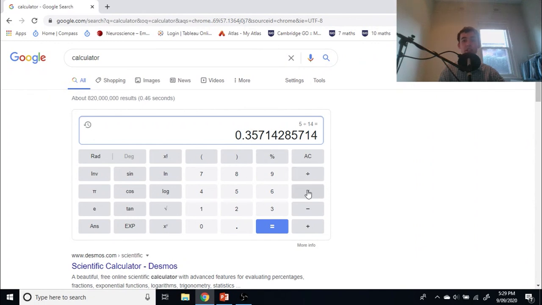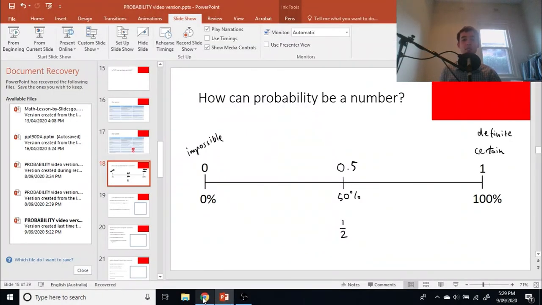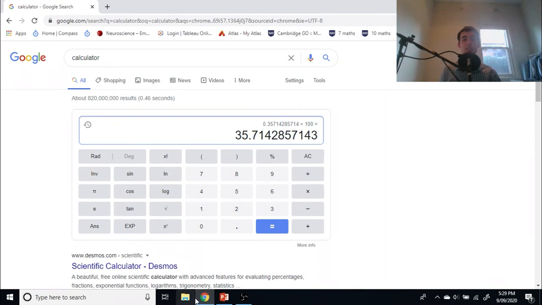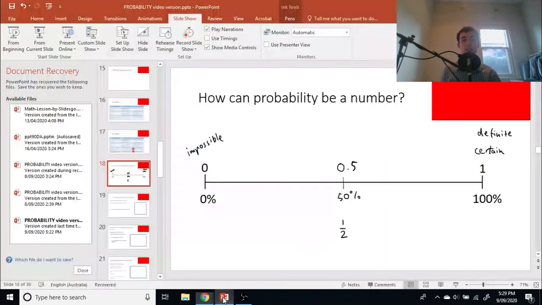And if we want to convert that to a percentage, we times it by 100. Okay, so you can do this two-step process. Anytime you have a fraction probability and you want to work out what sort of percentage that is, you can divide the numbers to find the decimal and then multiply it by 100 to find the percentage.